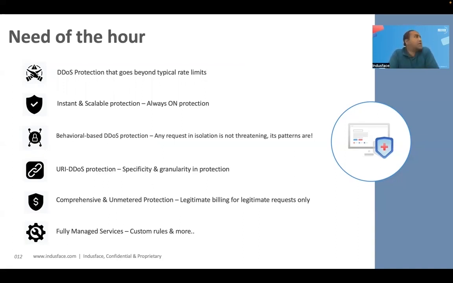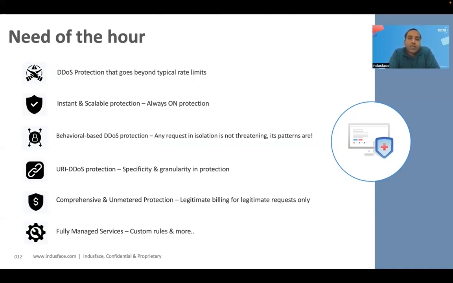So the first step is you have to observe the request, and the architecture has to scale. Then once it is observed, analysis has to be done. In the case of DDoS attacks, looking at one request in isolation will not provide you any attack patterns, right? It could be a legitimate request to an origin, to a JPEG, to a home page, to a login page.